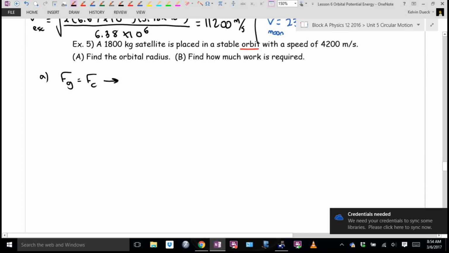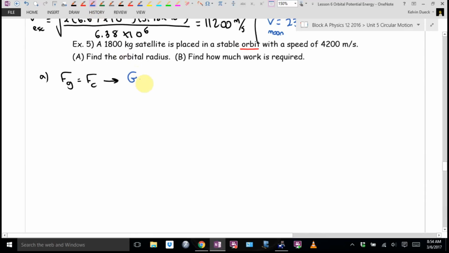I know that gravity is big G, big M, little m over r squared equals, well, it's going to be mass times circular acceleration. Which circular acceleration equation do I want to use? How do I know? Oh, they gave me a speed, so I'll use that. Okay. So, Drake, it's going to be v squared over r.